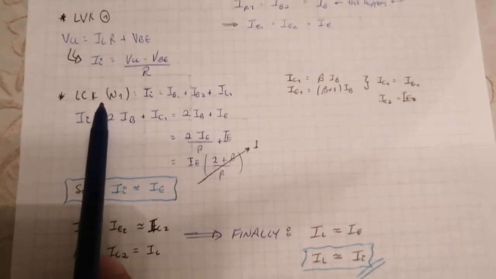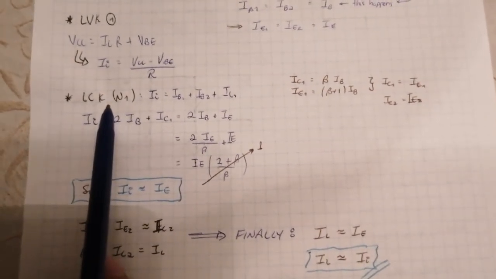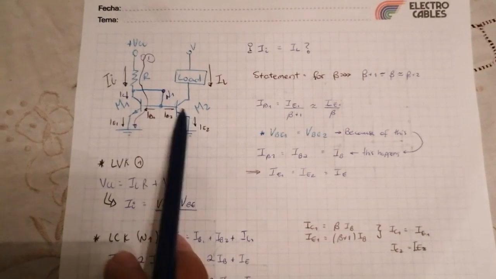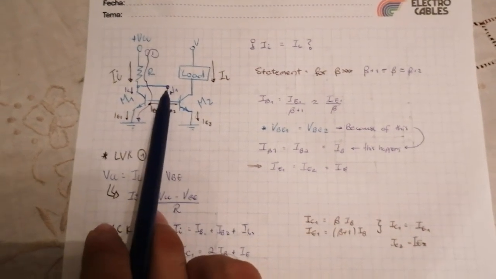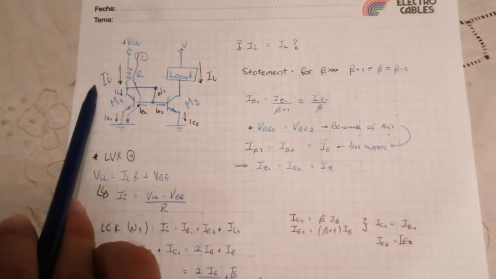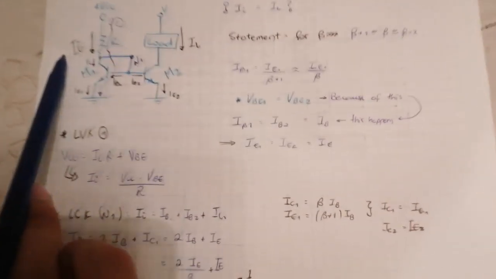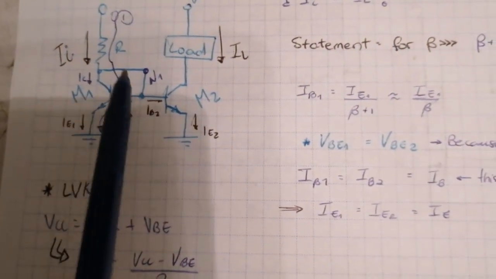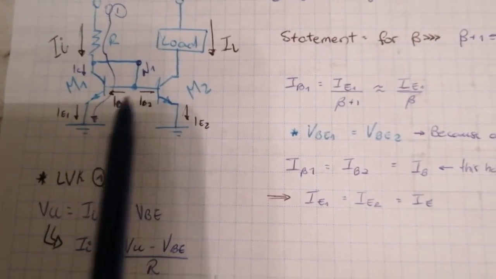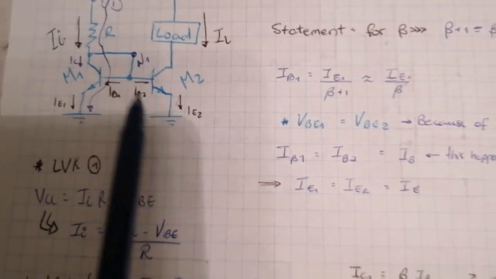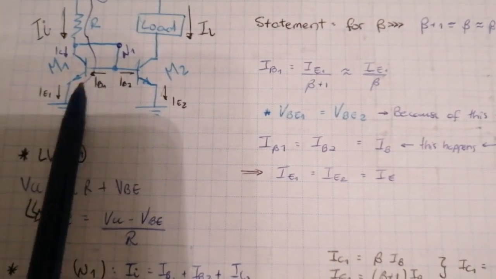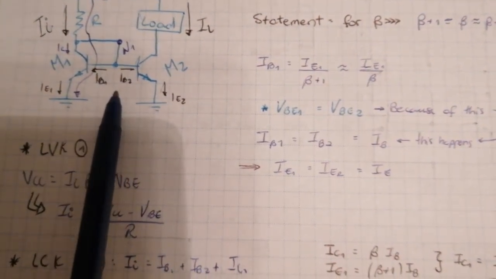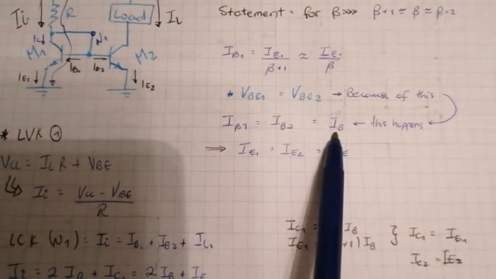Now we're going to apply Kirchhoff's current law at this point right here. We can see that the entrance current is entering, and the three currents going out are the collector current and the two base currents. As these two are the same, this is going to be 2 times the base current.